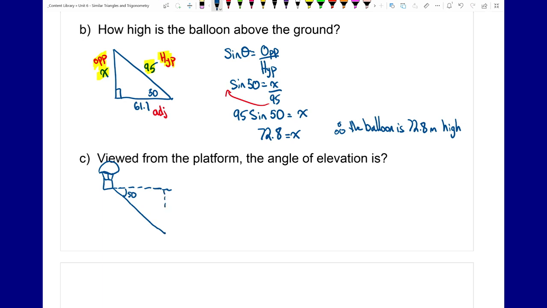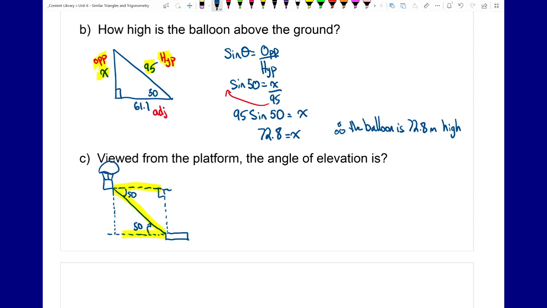That makes a right angle from the horizontal to the vertical of the platform. The angle of elevation would be from the horizontal of the platform and up. So down here, we already said the Z pattern would make this angle 50.